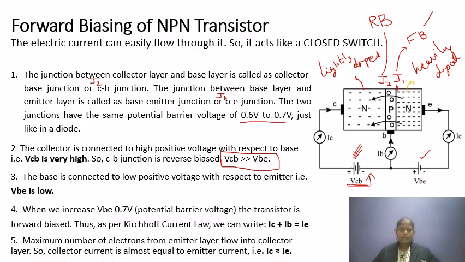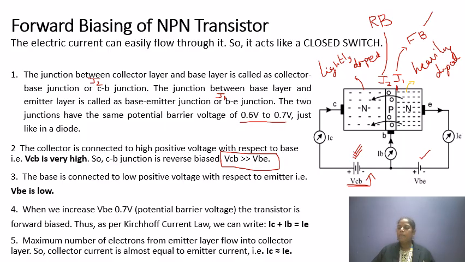When we increase the VBE voltage, the transistor is forward biased. If we apply a voltage of 0.7, the current starts to flow as in a normal diode. So when the current starts to flow, what happens? The electrons flow towards the base and the collector.